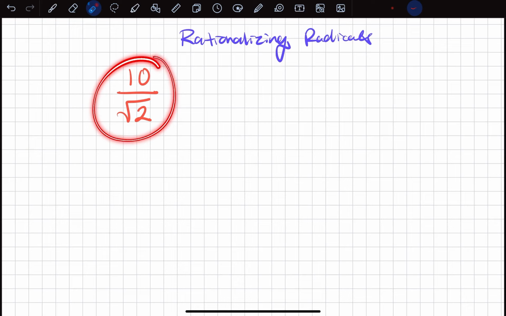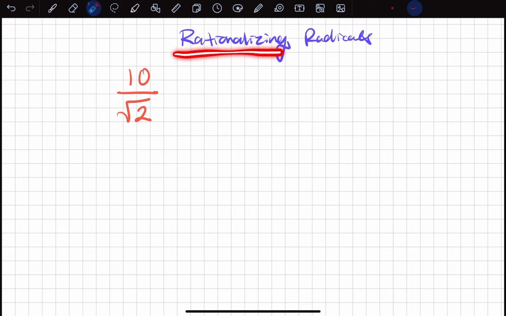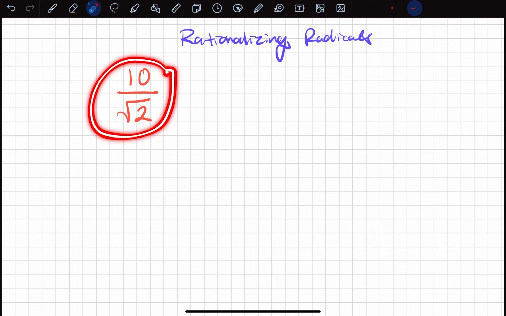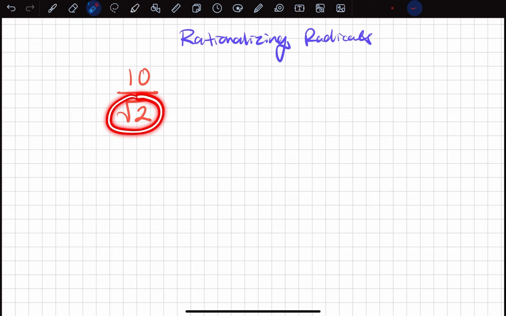For sure, this is a radical problem because I see a radical. But you do this when you see a radical in the denominator of a fraction. We have our 10 in the numerator, we have root 2 at the bottom. And so just looking at this, you should be like, uh-oh, this is a problem. There's a radical in the denominator.